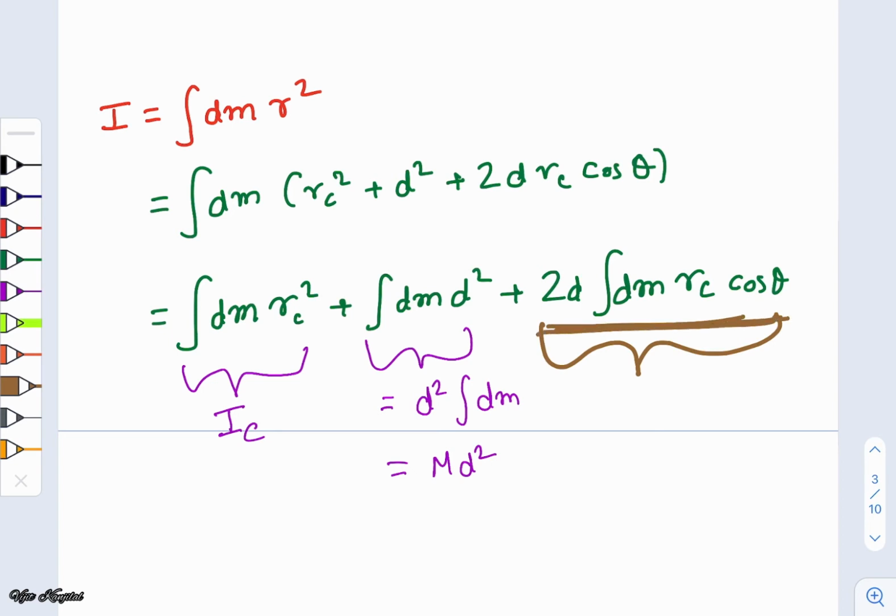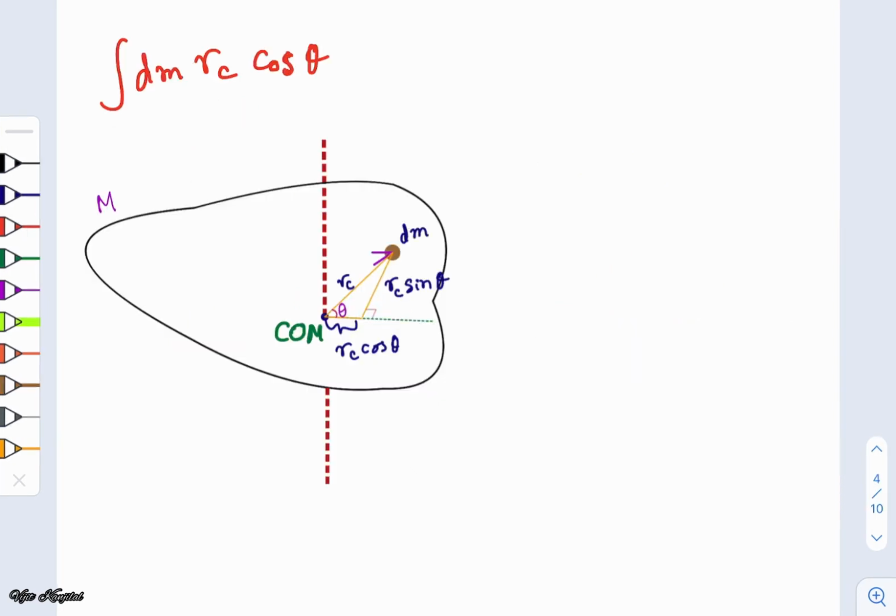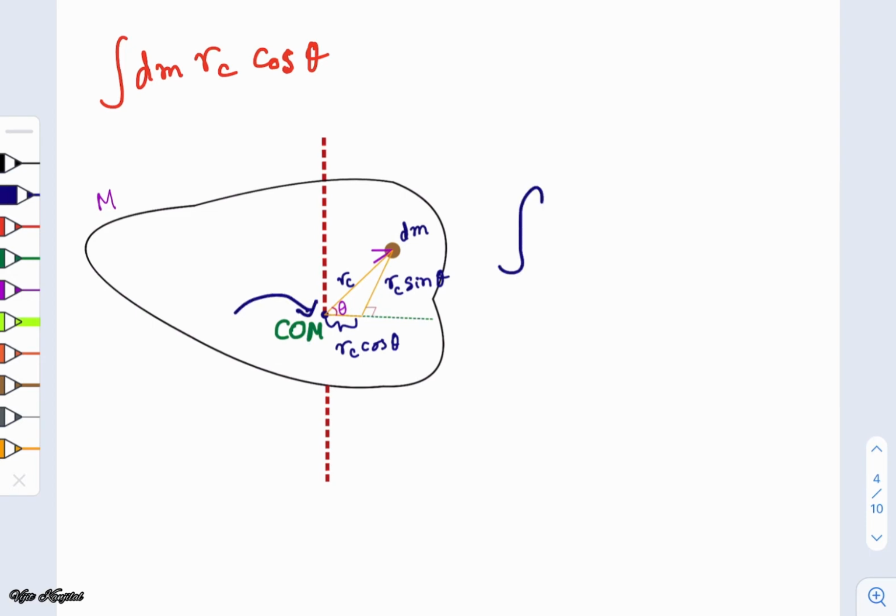Understanding this is very important. Now what is this particular term? If you recall from the previous chapter of center of mass, if this point is considered as the center of mass of this rigid body, then with respect to this particular point, the integral of rc vector dm would be 0.